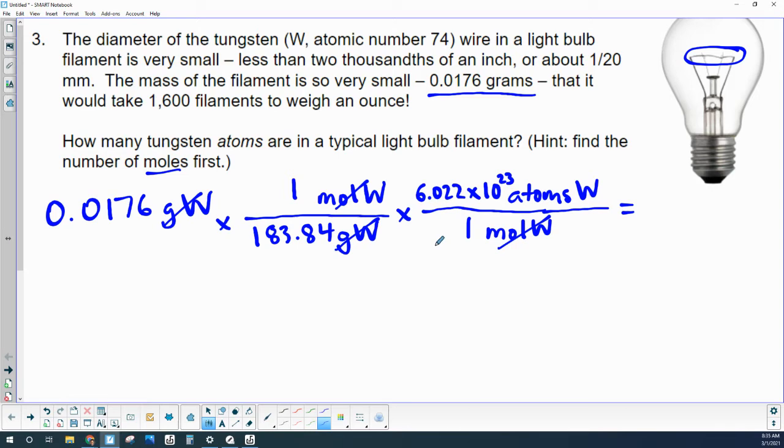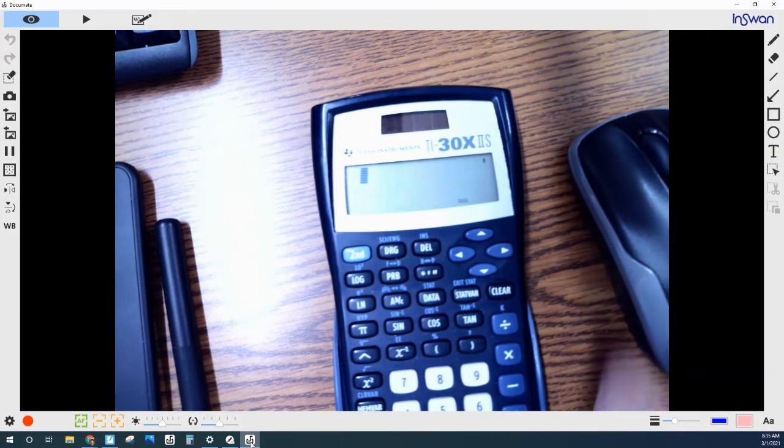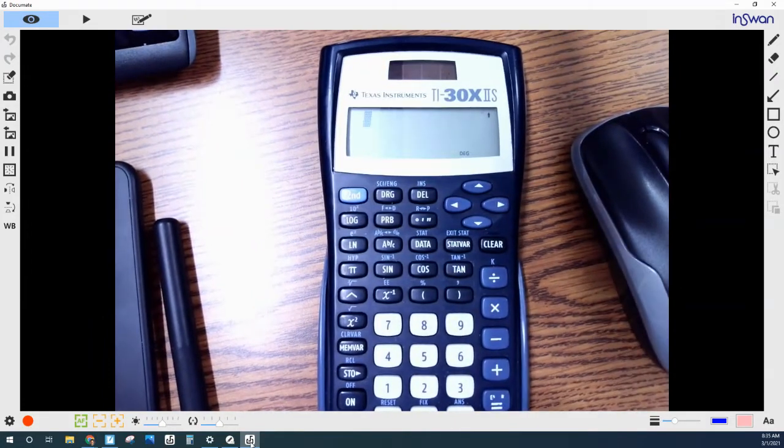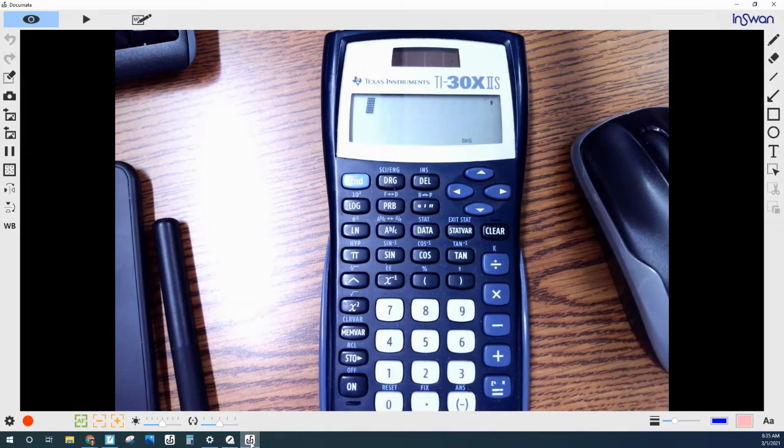Now, I want to show you specifically how I would recommend typing that into your calculator. So let me switch over to my camera. So again, what I'm calculating is the starting value in grams, 0.0176, times Avogadro's number.